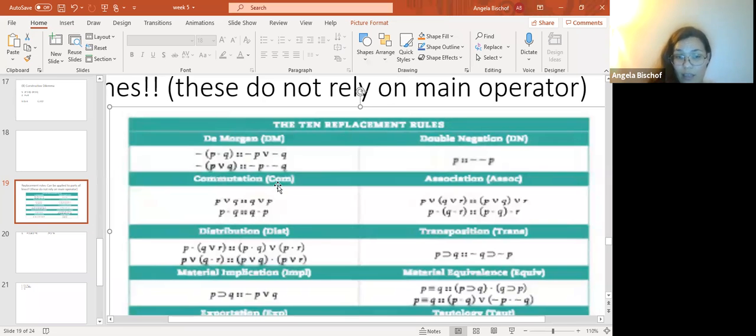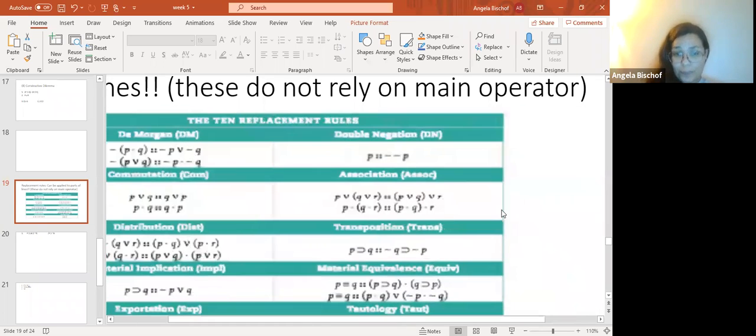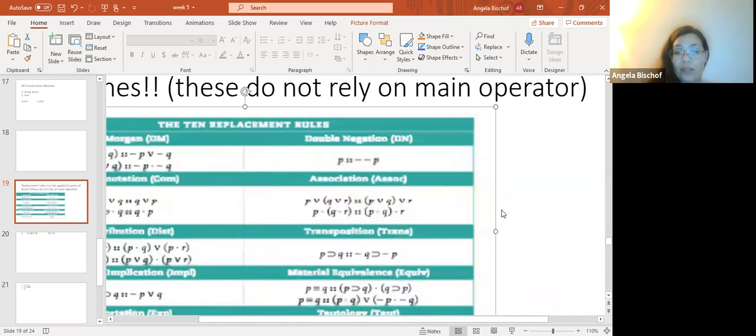Okay. Association is also pretty easy. This one has to do with the parentheses. We start with the statement P or, and then in parentheses, Q or R. We can easily just move that parenthesis over to P or Q. So we can get P or Q, or R. The main point here is that in the statement, they all have to be disjunctions or they all have to be conjunctions.